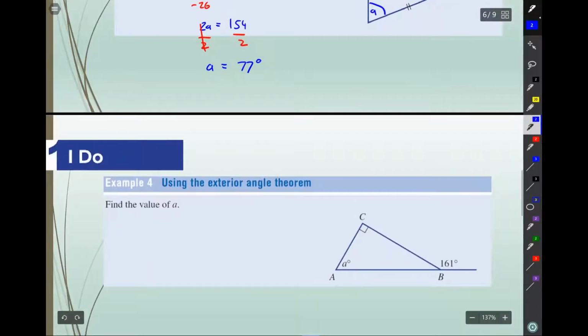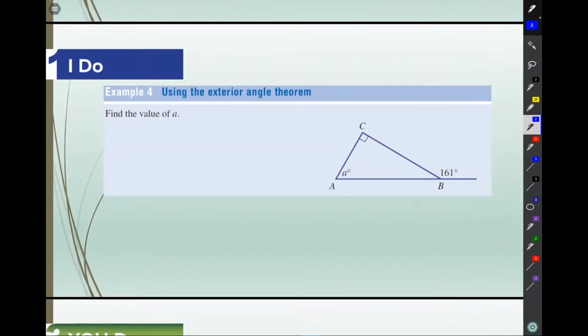Okay, let's move on to an example of how the exterior angle theorem works. Remember, the exterior angle theorem states that this outside angle here is equal to the sum of the two opposite interior angles. So what's that going to look like?